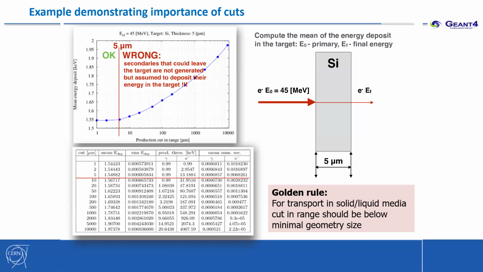So if you put cutting range larger than your sensitive volume, you overestimate energy deposition inside because you integrate in delta-ray energy, which in reality leaves this silicon layer. And here is a good example which shows that there is a golden rule. For accurate simulation, you need to set a cut which is lower than thickness of sensitive layers in your setup.